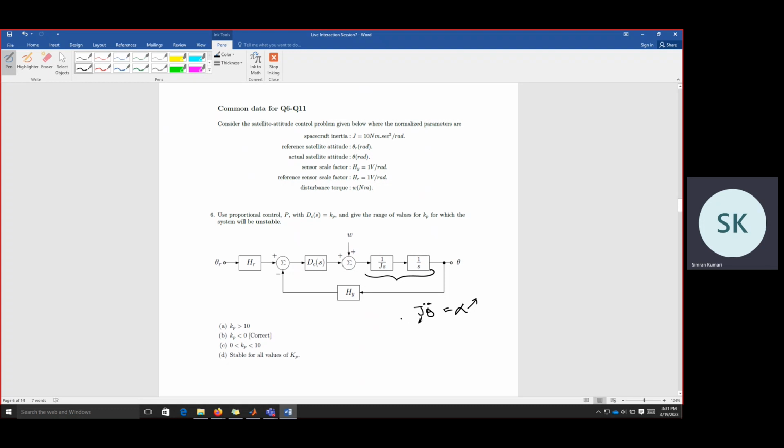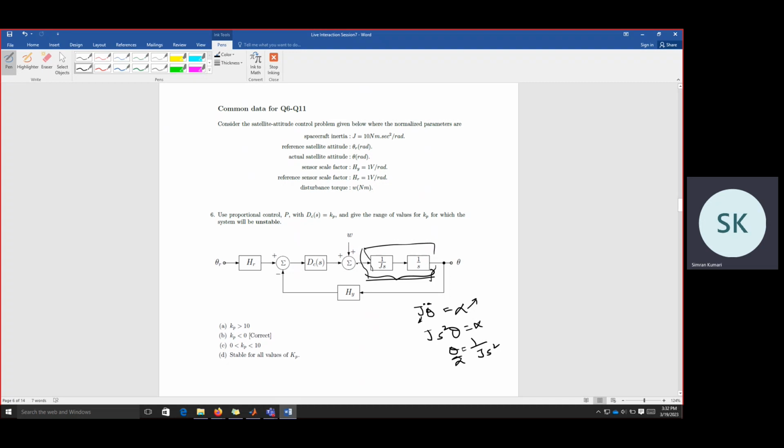So when we are saying satellite altitude control, altitude means the angle control of this satellite. So we have the transfer function of the plant that we can write from here, J s square theta equal to alpha. So theta by alpha is 1 by J s square. So this is the transfer function of the plant.